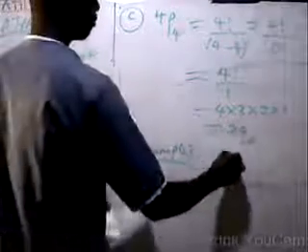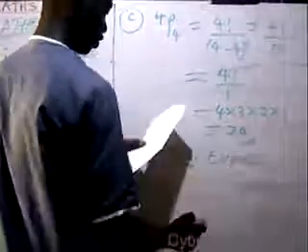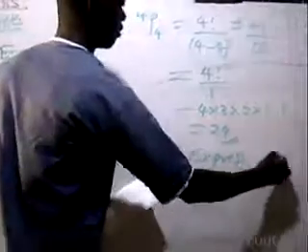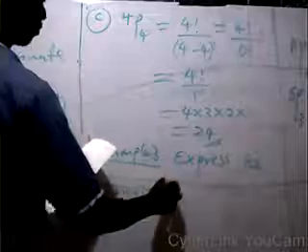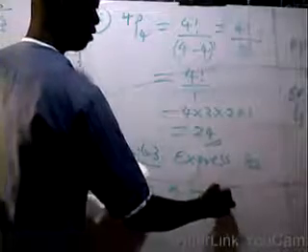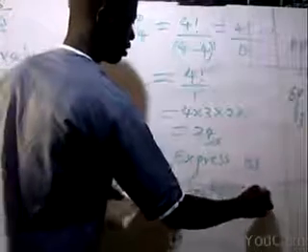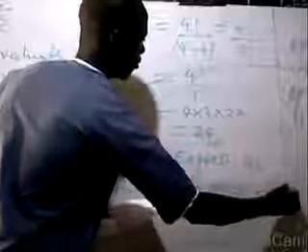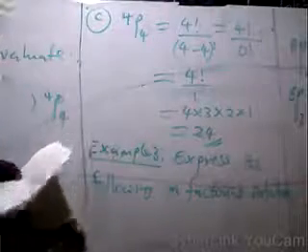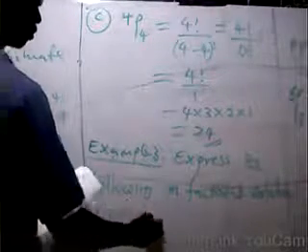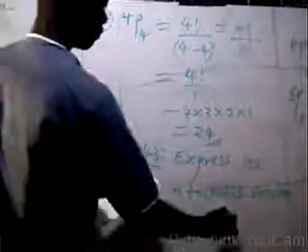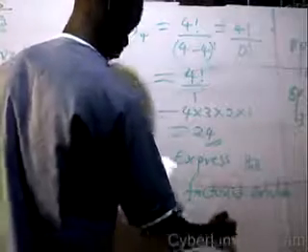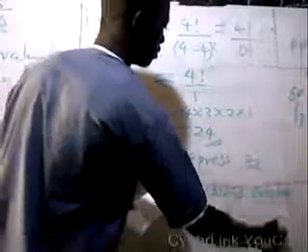Express the following in factorial notation. A, we have 8 times 7 times 6 times 5. B, we have n minus 5 times n minus 6 times n minus 7.